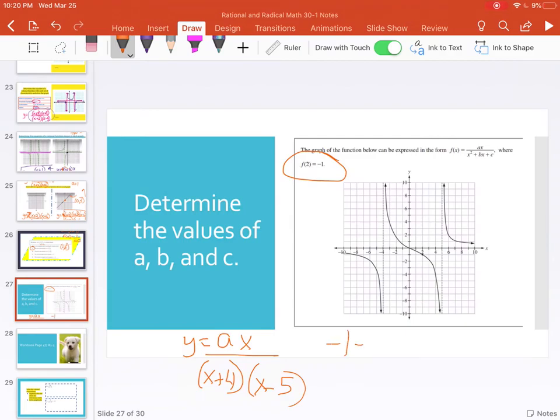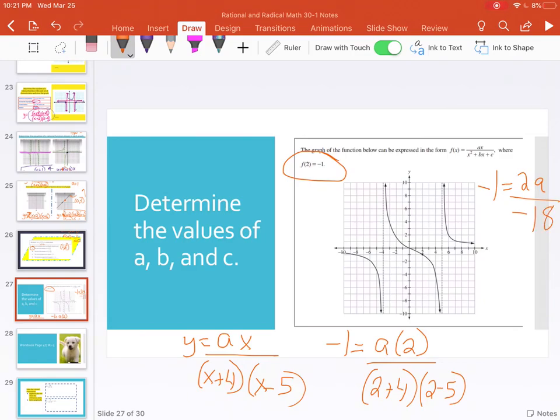So when y is negative 1, x is 2, so then I end up with negative 1 equals 2a over 2 plus 4 gives me 6, times 2 minus 5 is negative 3, so I end up with negative 18. Cross multiply, negative 1 times negative 18 is positive 18, equals 2a, so then that means a equals 9.